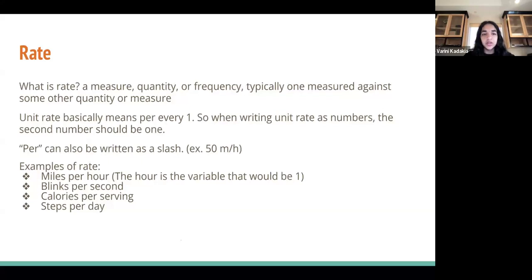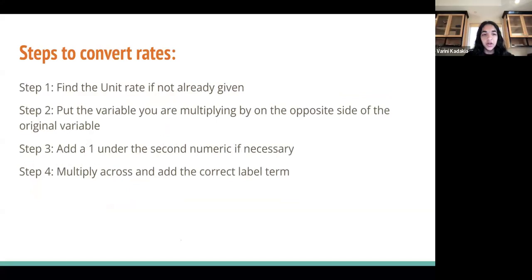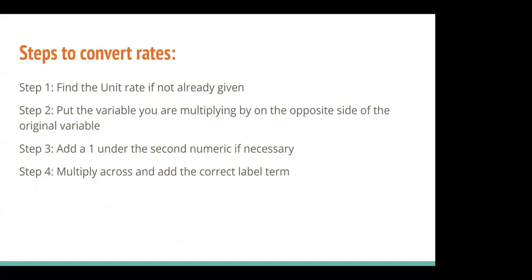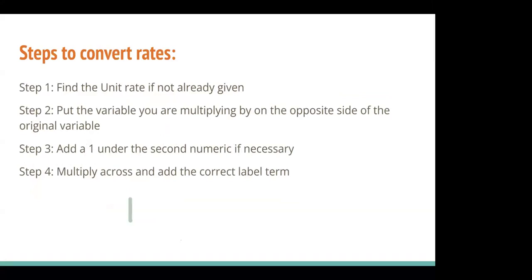Can I move on to the next? Yes, please. Do you guys want to copy down the steps? It might be kind of hard to understand right now, but we'll go over it. Madam, please, I've not yet finished the note.